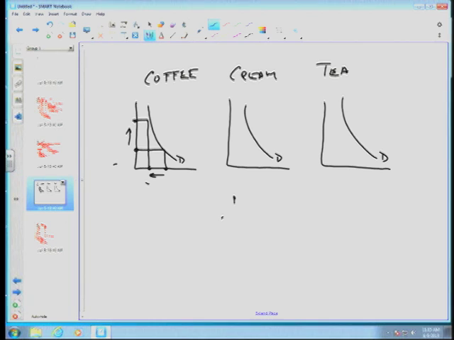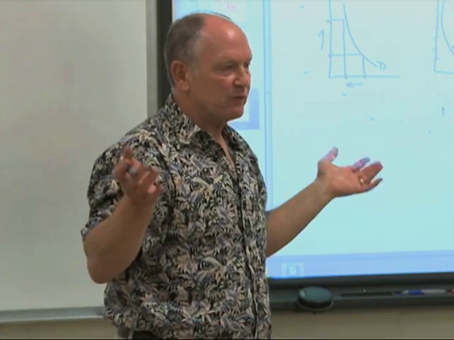If we always have cream with our coffee, at every possible price, we will buy less cream. So when we have complements, if the price of one goes up, we buy less of that, which means at every possible price, we buy less of what goes with it. If the price of an automobile rises, at every possible price, we buy fewer tires.